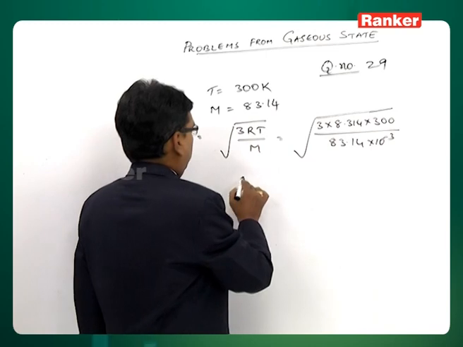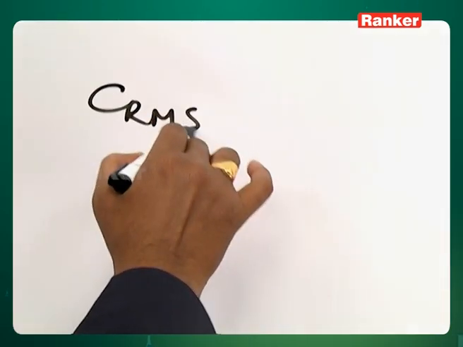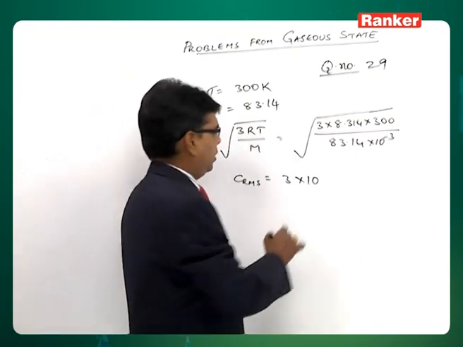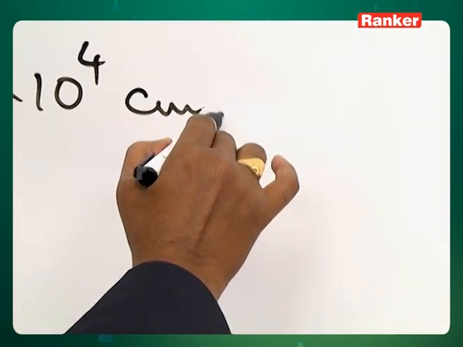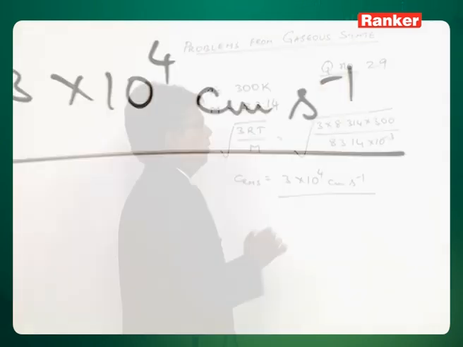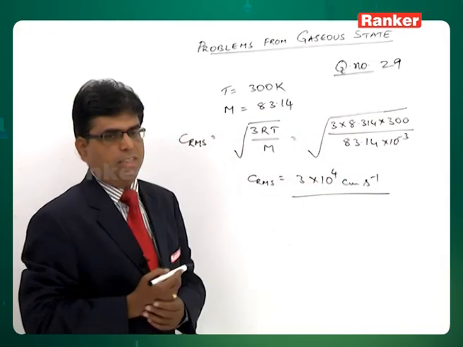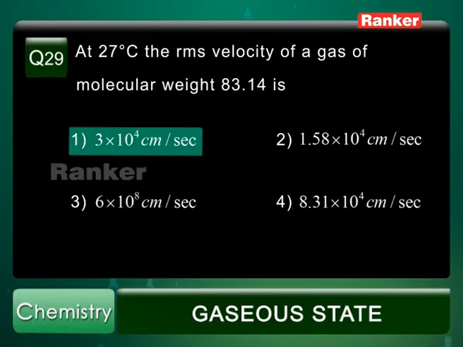So, C_RMS is equal to 3 into 10 power 4 centimeter per second. Here you get it in meters, and if you convert this, you get 3 into 10 power 4 centimeter per second. So, the correct answer is option 1.